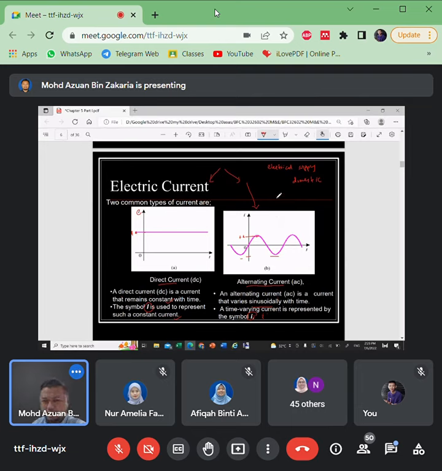It can also be transformed from high voltage to low voltage very flexibly. That's why they have a transformer. The transformer can transform alternating current, but direct current cannot.